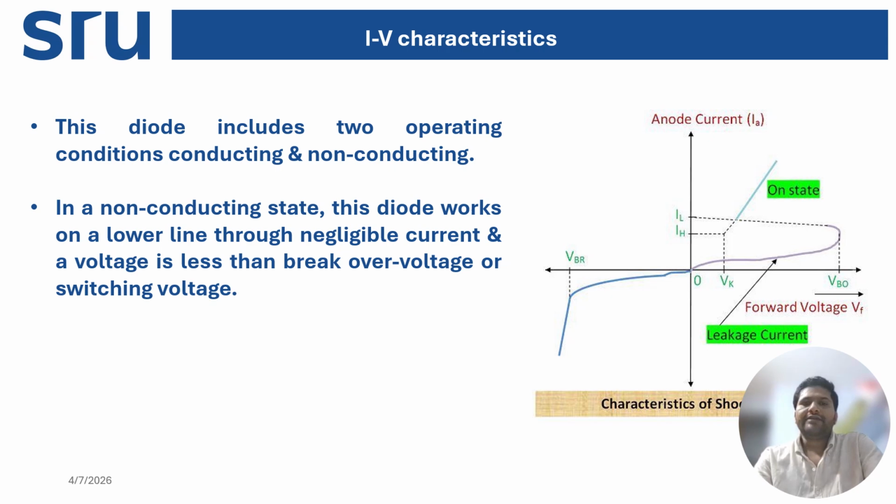So the device remains in the off state. This is because the middle junction J2 is still in reverse bias. This region continues until the applied voltage reaches the breakover voltage.